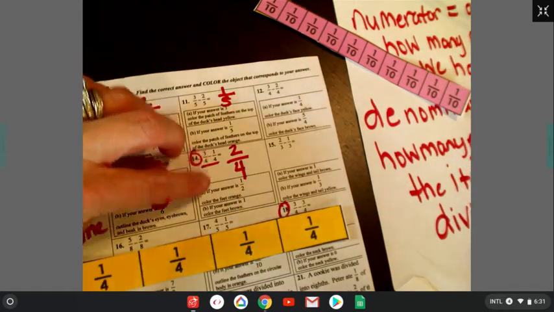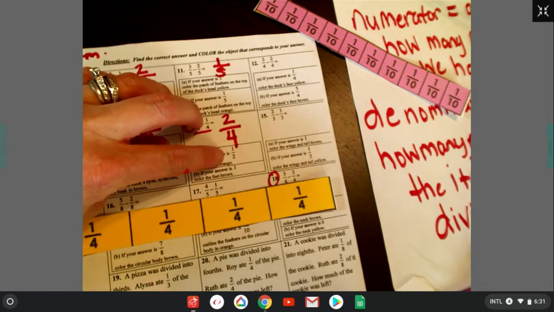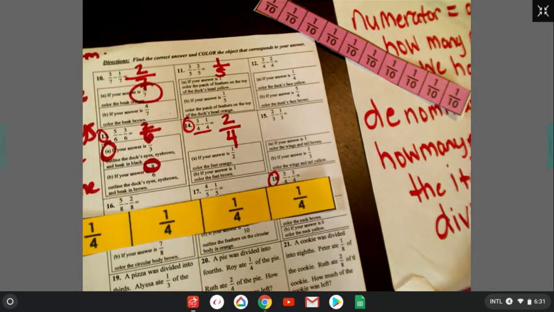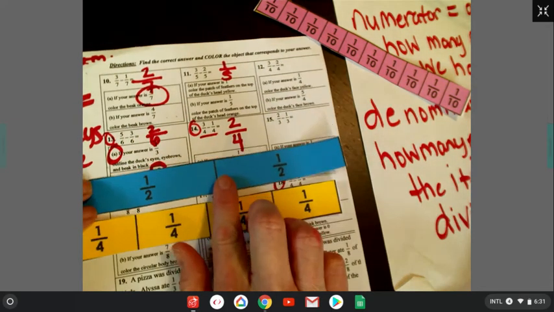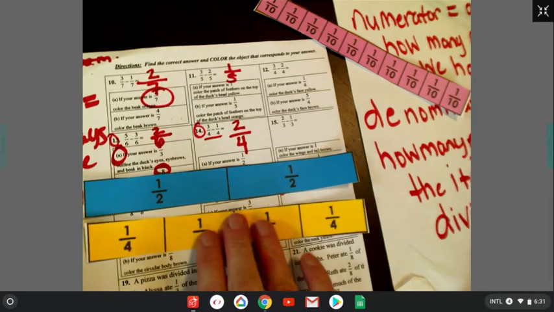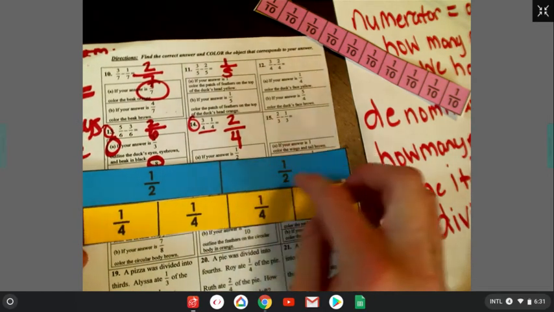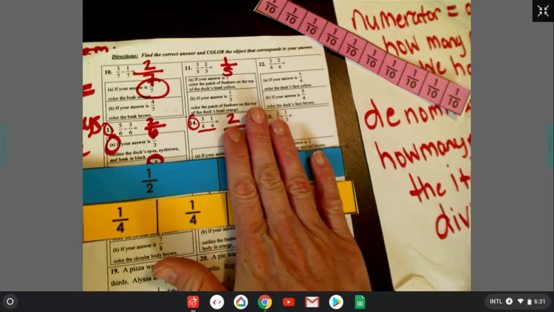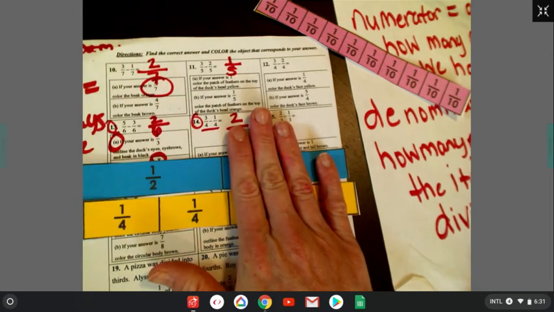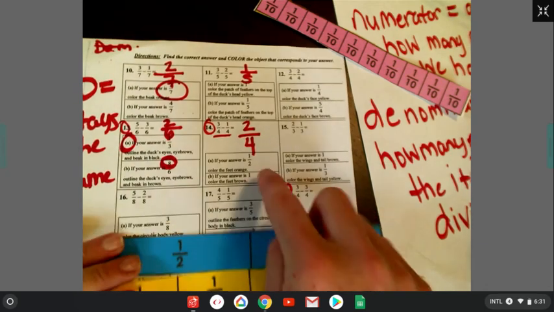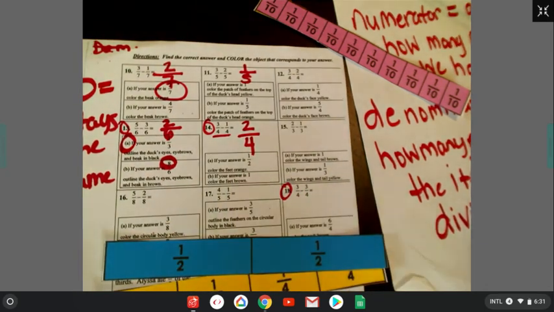It's giving me the answers of 1/2 and 1/2, so that should give me a clue that I'm going to be dealing with the 1/2 fraction strip. And if you look, 2/4 is the same as 1/2. So I'm going to reduce that, and my answer is going to be 1/2.